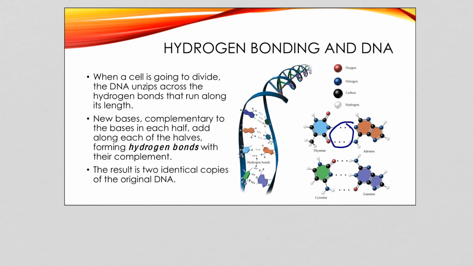You can see here that there's OHs on some of these, and they interact with the opposite side where there's a molecule that has electrons available, and so you can get that positive negative interaction where you're sticking these things together.